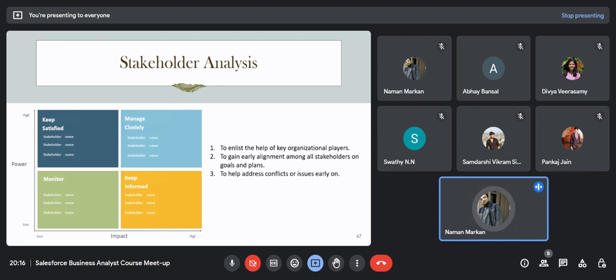So how can we analyze, or how can we identify those kinds of people? First we have to list them: okay, these are the people, they are the influencers, they are the executives, or they are the valuable persons in their own organization. They are going to give us a requirement, and you can list those people and increase your chances to earn their support for your project, right? Because they are going to support your project, they are going to provide your requirements.